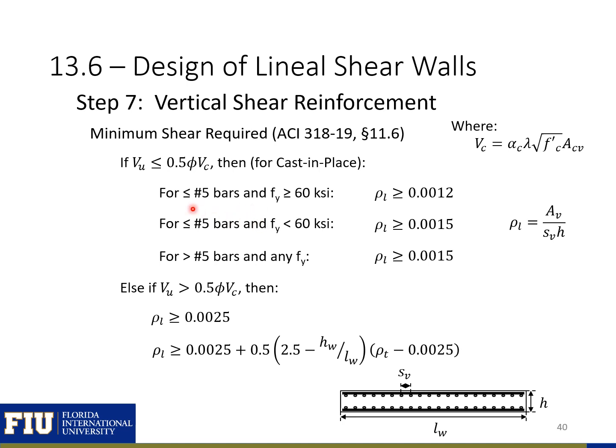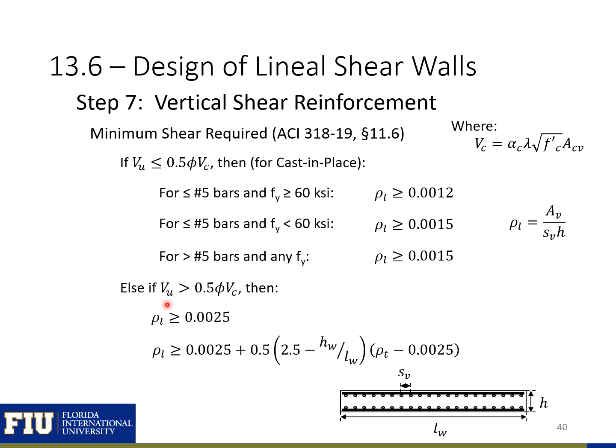So typically we'll have number 5 or less than or equal to number 5 bars with a yield strength of 60 ksi. So we'll have a rho L that needs to be greater than or equal to 0.0012. And you can see how to calculate your rho L, which is our area of our vertical reinforcement, divided by the spacing of that reinforcement times the thickness of our wall.